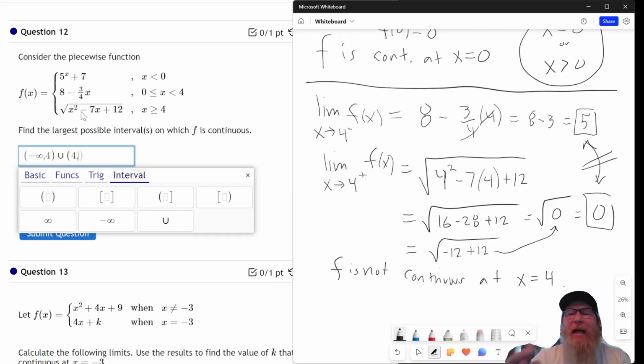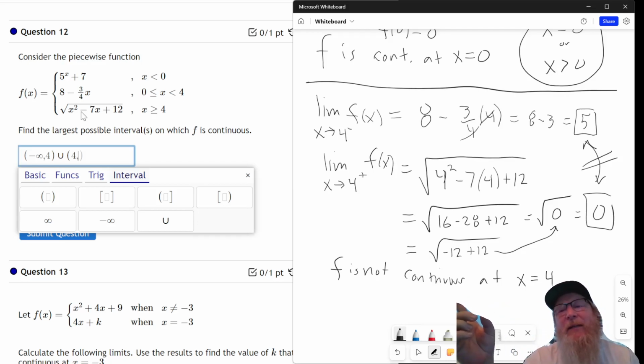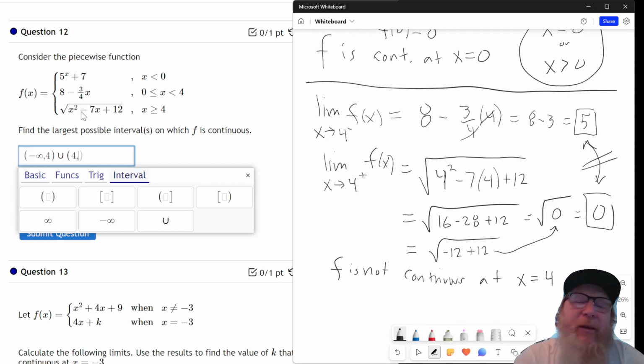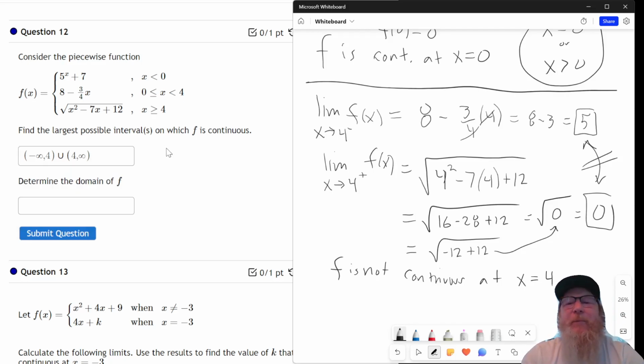All right. And the square root function goes off to infinity. I could take the limit if I really wanted to, but just trust me, it goes to infinity. If you take the limit as x goes to infinity, like we did in a previous lecture, if you plugged in a very large number for x, you would see that goes to infinity.